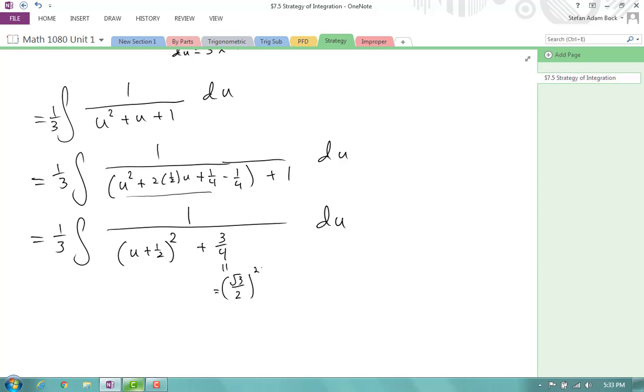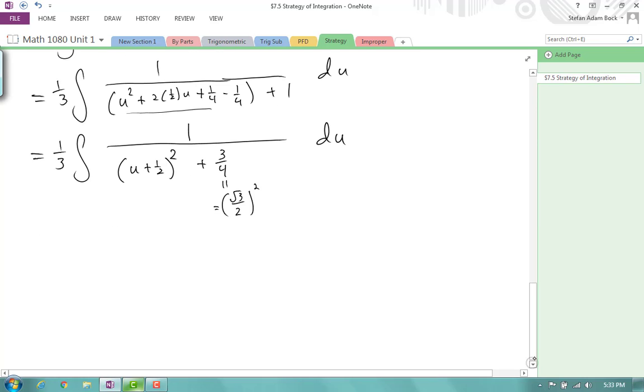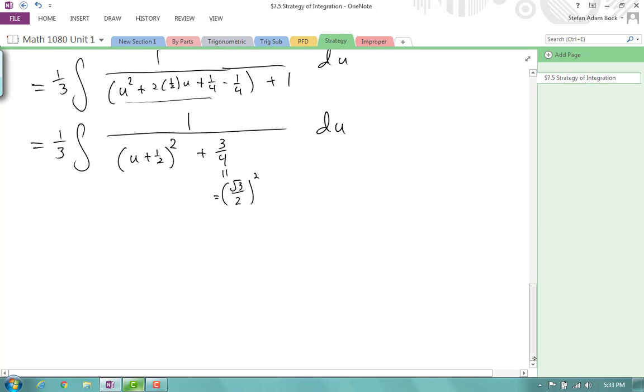I could try to do trigonometric substitution. But since I have studied reference page 6, I know off the top of my head what this integral is going to look like.